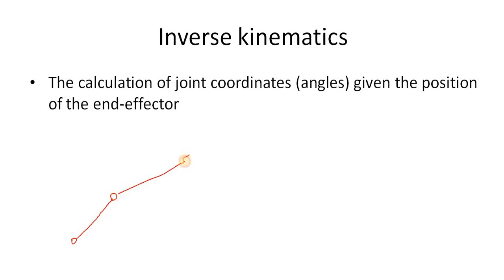So here we have your end effector and its position is known. What you have to do is find theta 2 and theta 1. L1, L2.